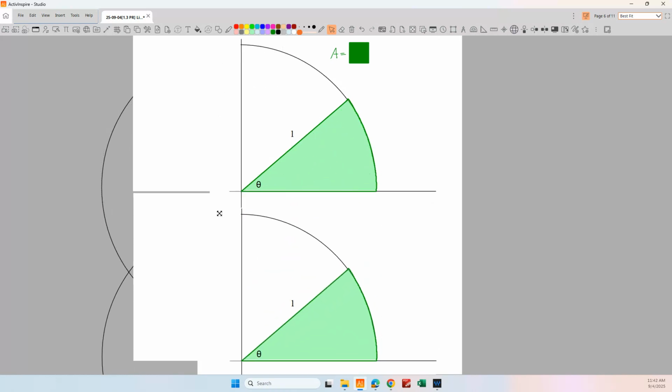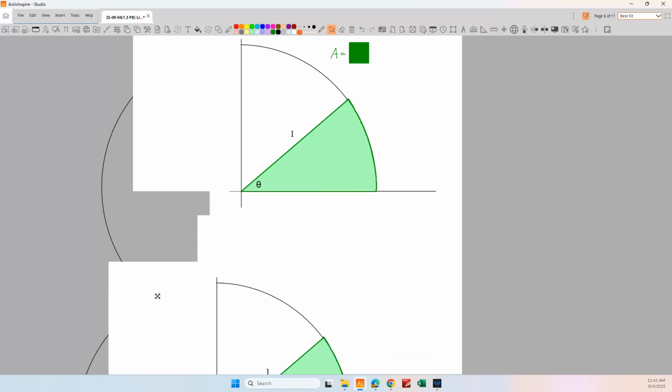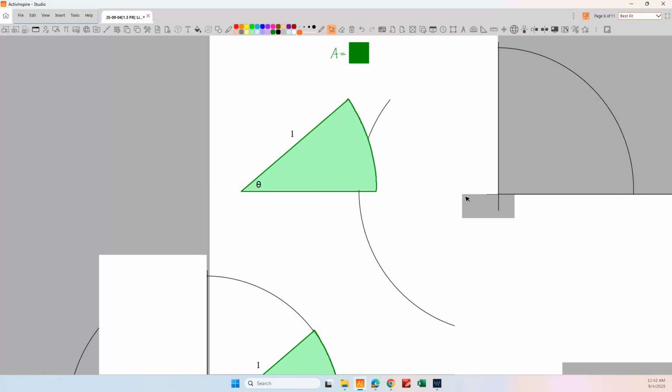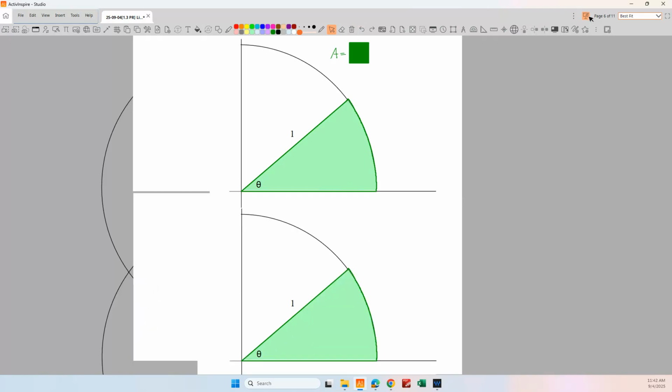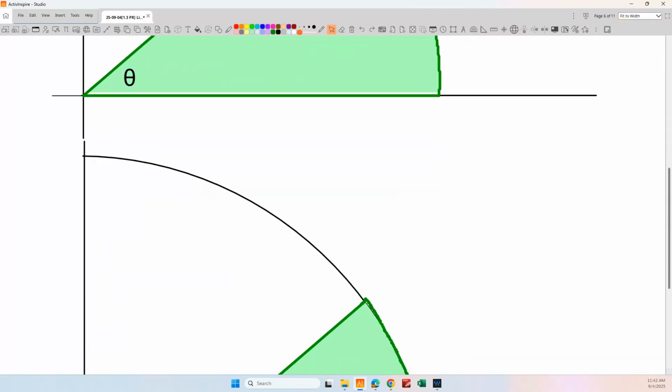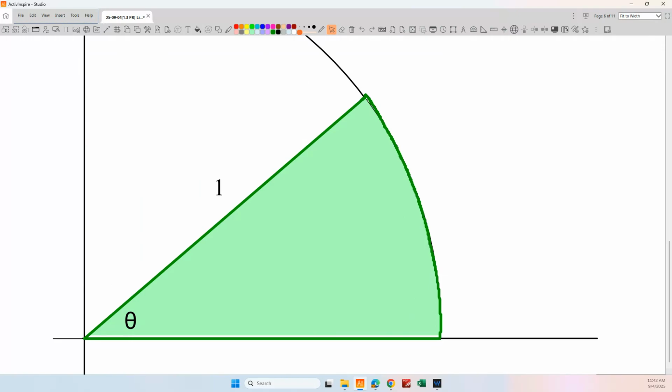So let's go down here, and in this triangle, we're not going to say the radius is 1, we'll just call it r. So x equals r.